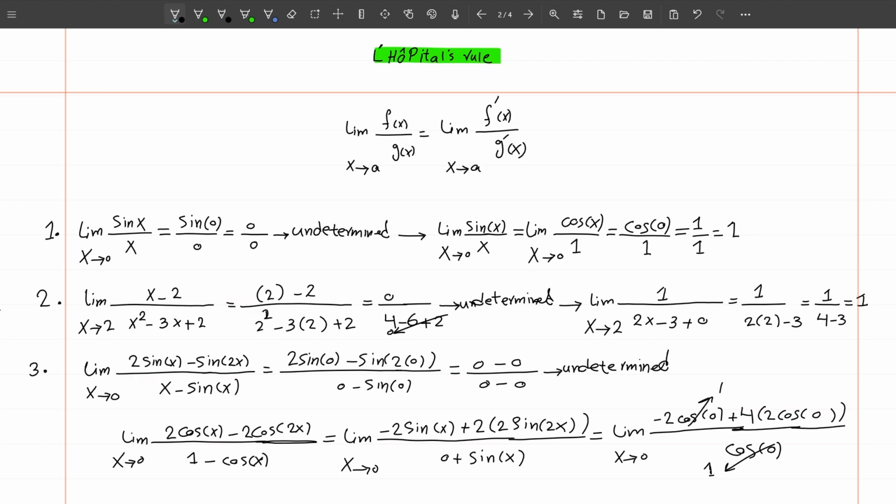This is going to be 1. And this here is going to be 1. So 2 times 1 is going to be 2. And 2 times 4 is 8. 8 plus negative 2 is going to be 6. So in the numerator we have negative 6. And the denominator is 1. So the result will be negative 6.